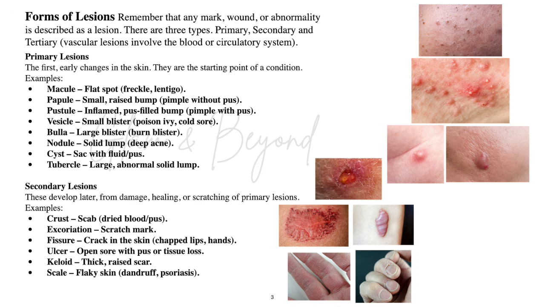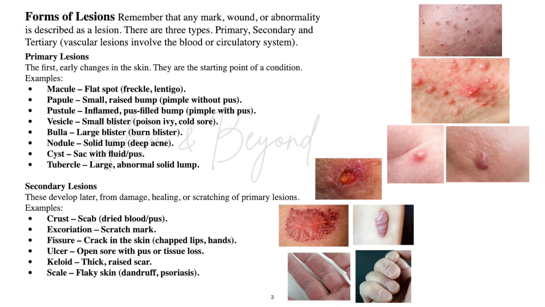For example, a macule, which is a flat spot or freckle or lentigo, will be considered a lesion. Papules are small, raised bumps, like a pimple but without the pus. Pustules are inflamed, pus-filled bumps, a pimple with the pus, right? A vesicle is a small blister, like poison ivy or a cold sore.